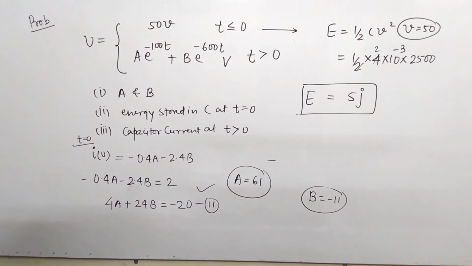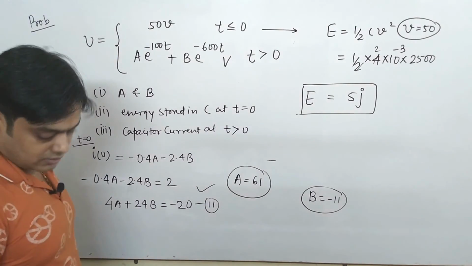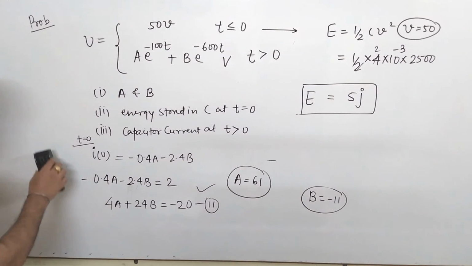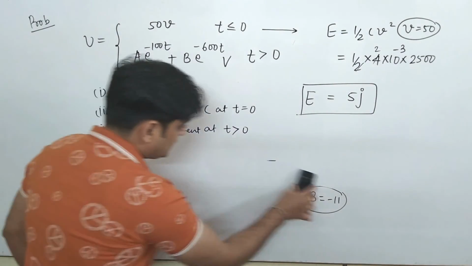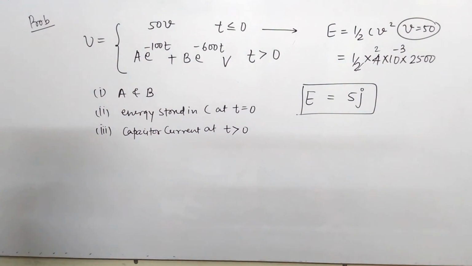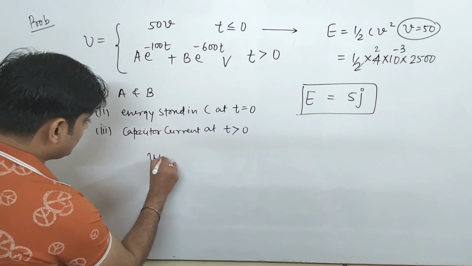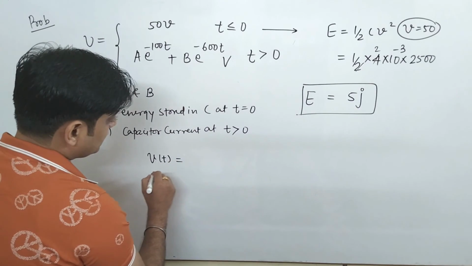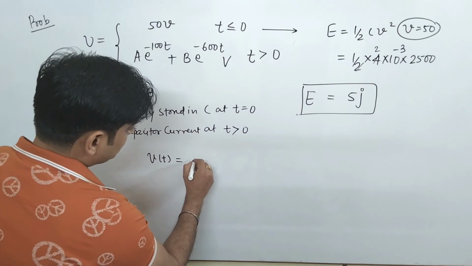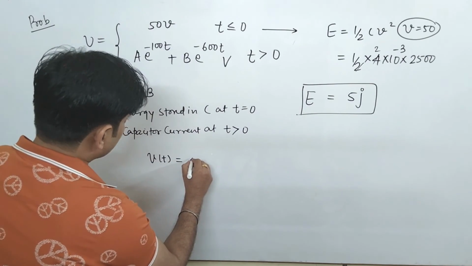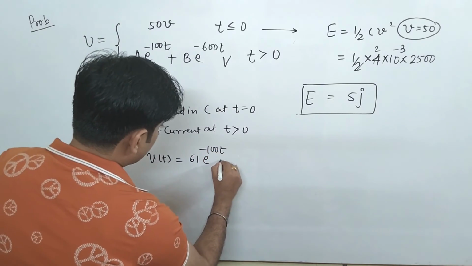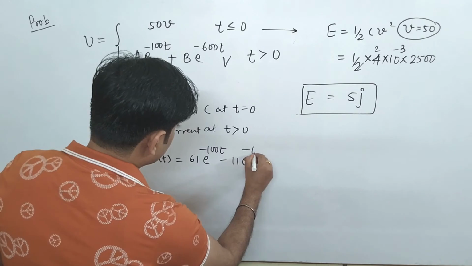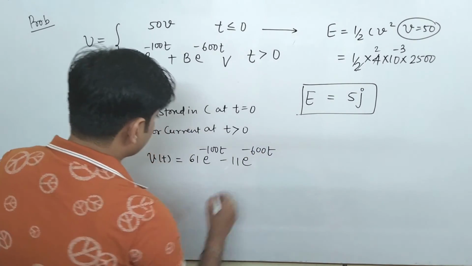Now finally you have to find the value of capacitor current I. We will see how we find the value of I. As we know, the value of Vt is 61 e to the power minus 100t and minus 11 e to the power minus 600t.